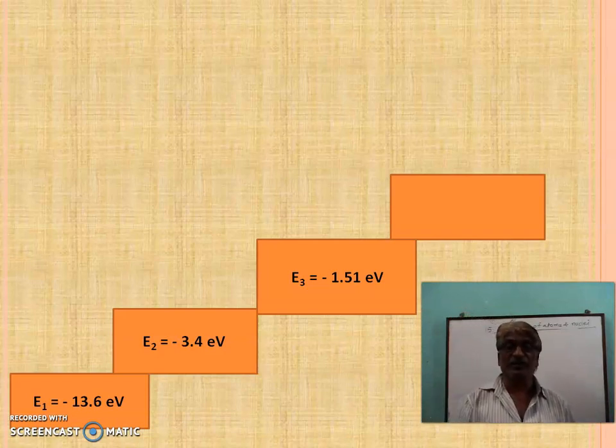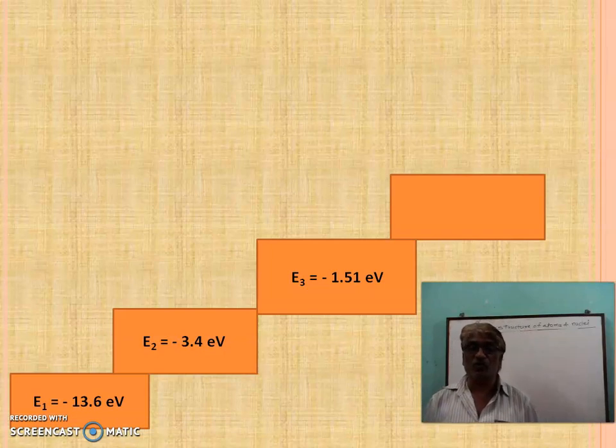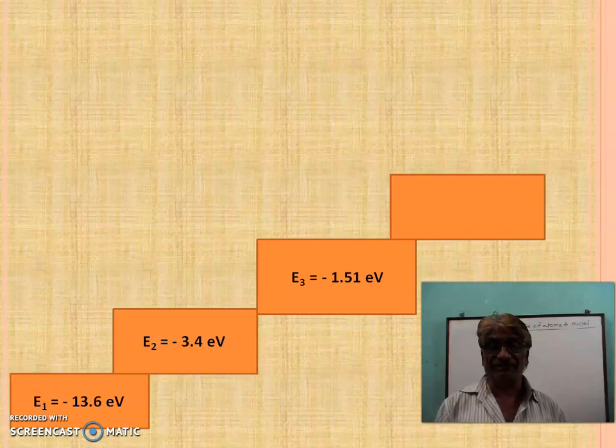So for third orbit, n equal to 3, so E3 is inversely proportional to 1 upon 3 square. So E3 upon E1 is equal to 1 upon 3 square upon 1 upon 1 square, means E3 upon E1 is equal to 1 upon 9.